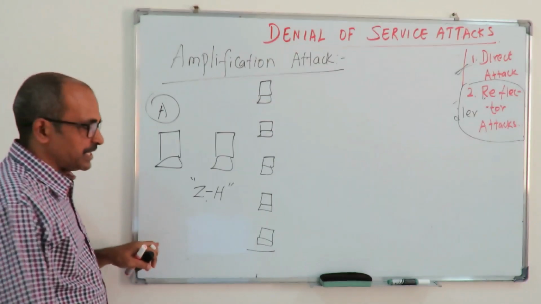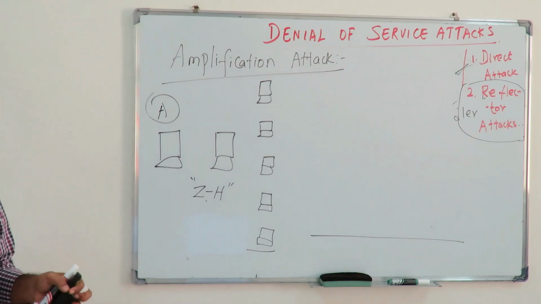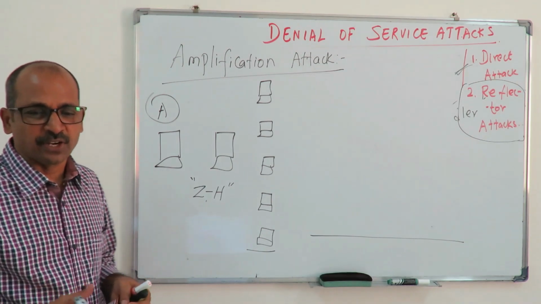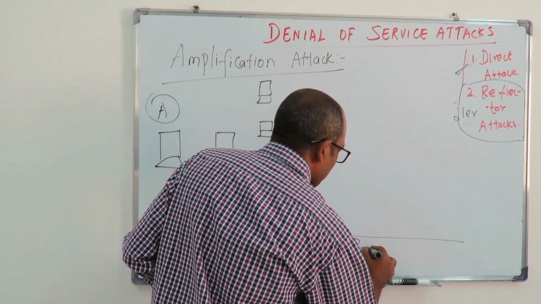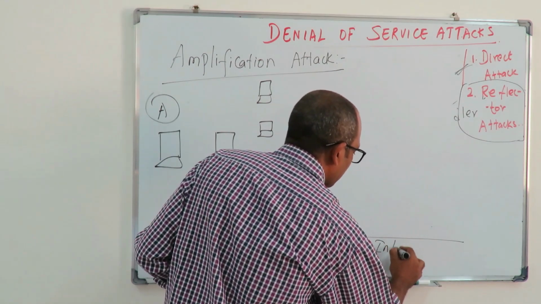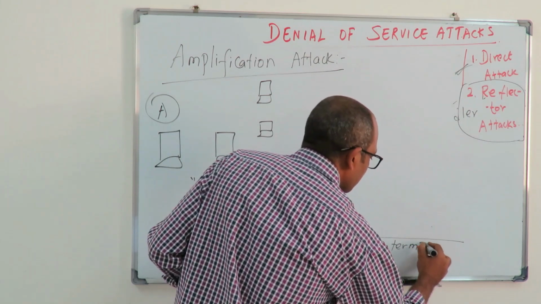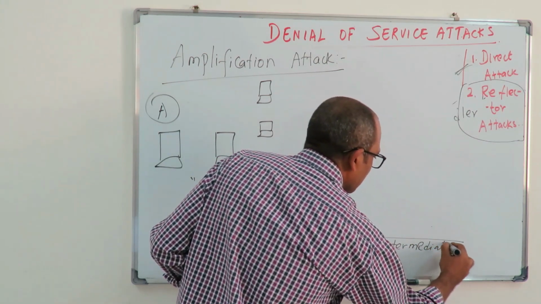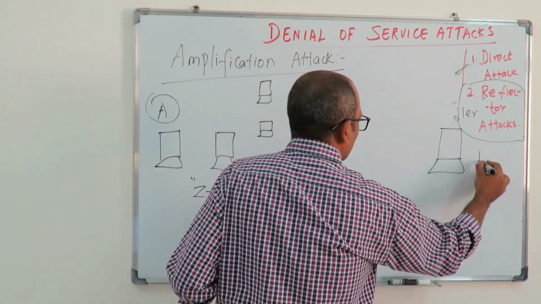Now, the next one is a new entity here. We are going to introduce a new entity called reflector intermediaries, a group of machines I am going to include. Now here my target is available.